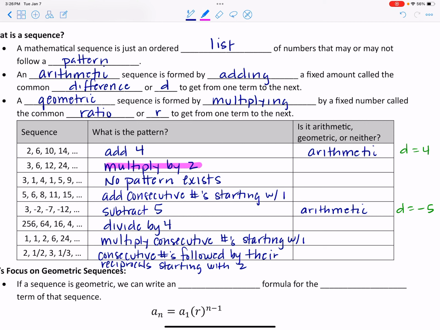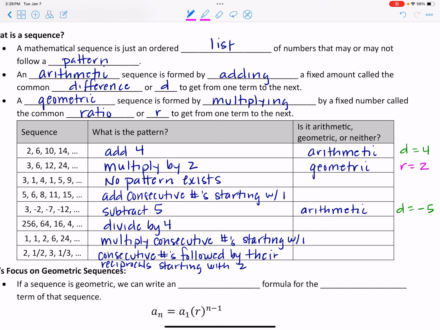We're multiplying by a fixed number on this first example for geometric, multiplying by 2 every single time. So we would say that this is geometric, and that the common ratio between the terms is that fixed 2.